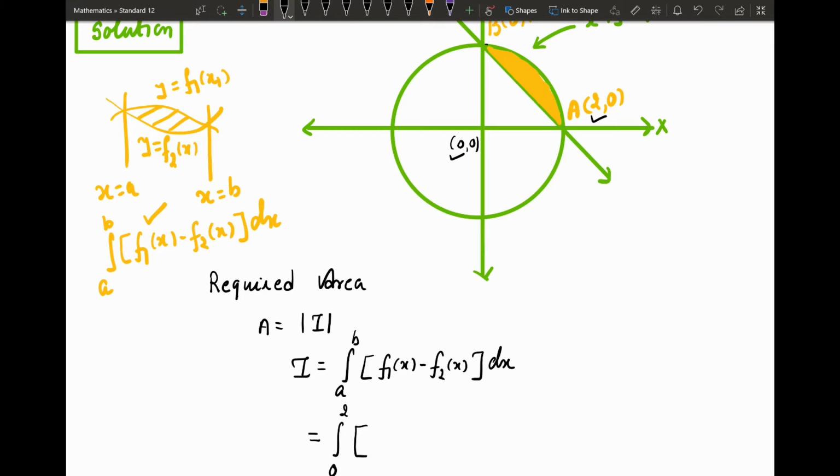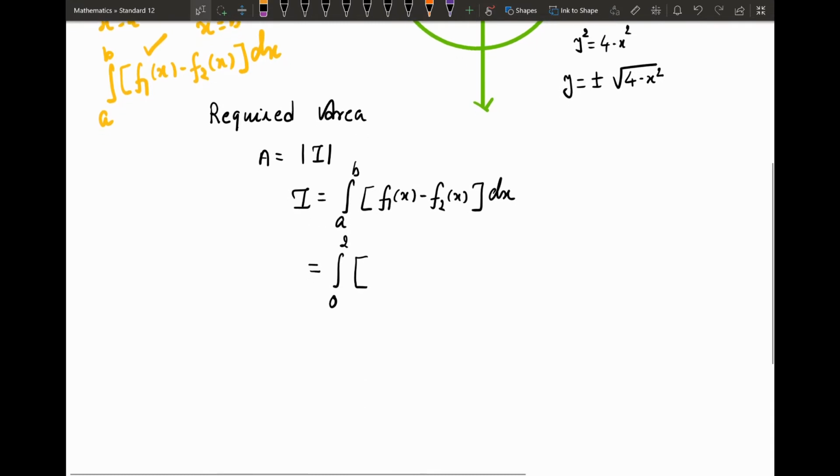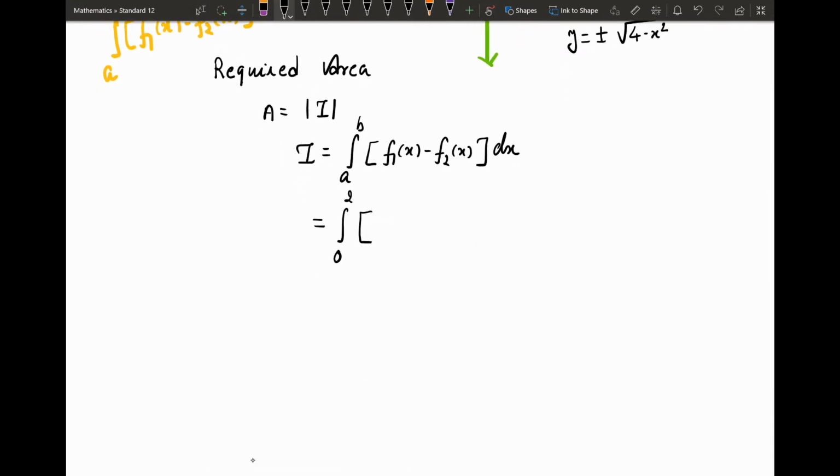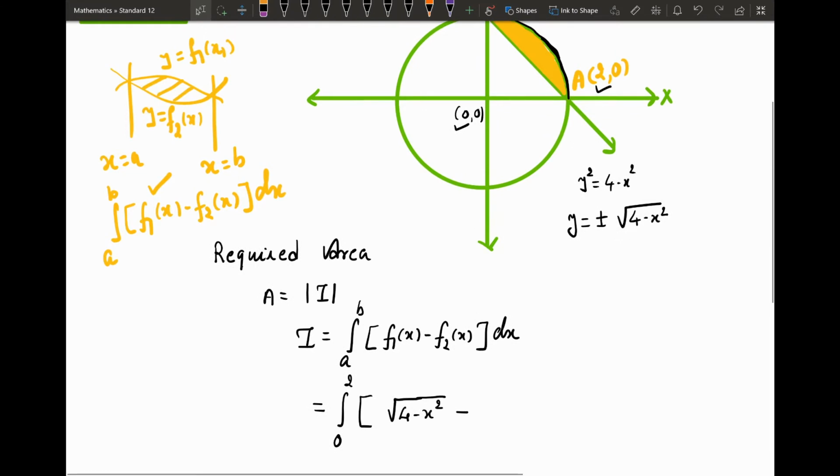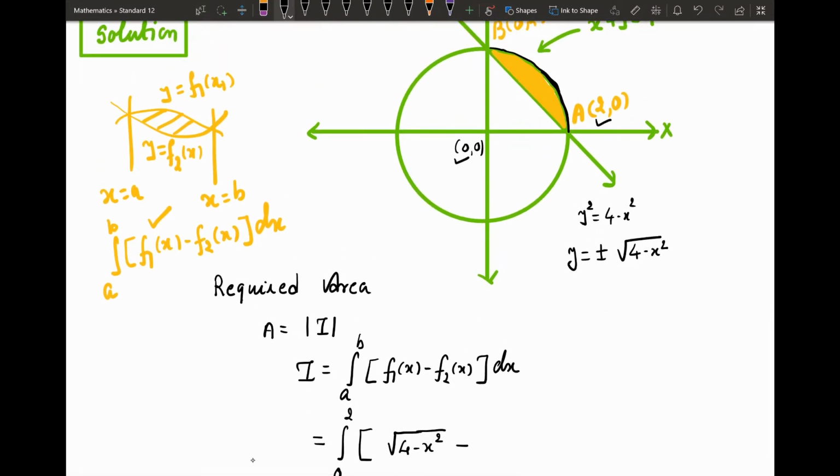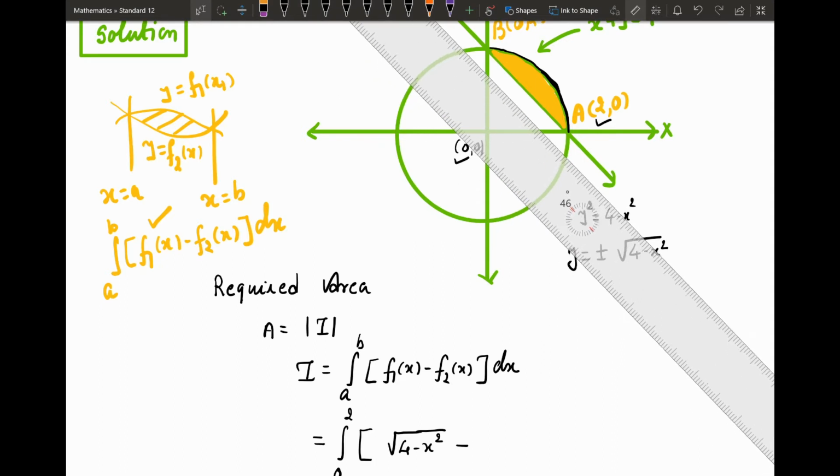f1(x), y as a function of x, so from the upper portion, that is a portion of the circle. From the equation of the circle, y square equal to 4 minus x square, y equal to plus minus under root 4 minus x square. In the first quadrant we will take y positive, so under root 4 minus x square minus f2(x).